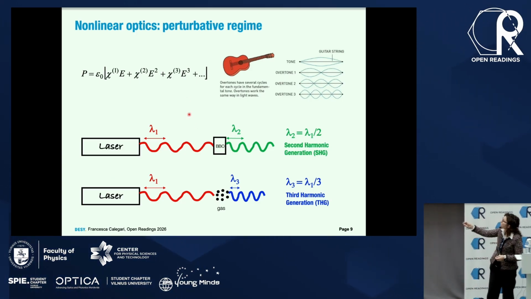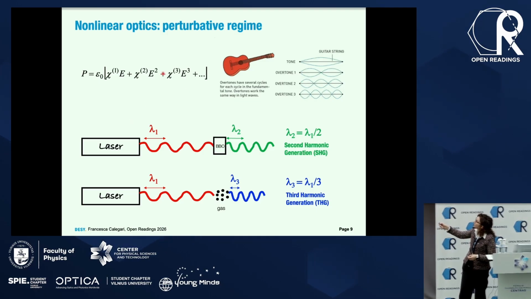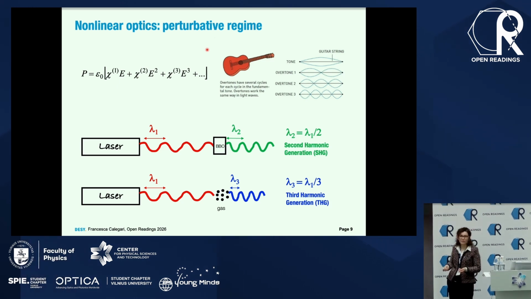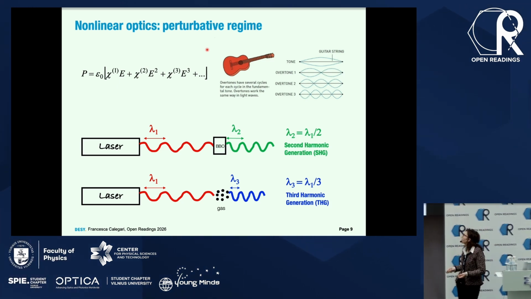And basically, you see here the law of perturbative nonlinear optics: the polarization in the medium induced by the laser is proportional, for the second harmonic, to the square of the electric field of the laser, for the third harmonic to the third power of the electric field, and so on and so forth, okay?